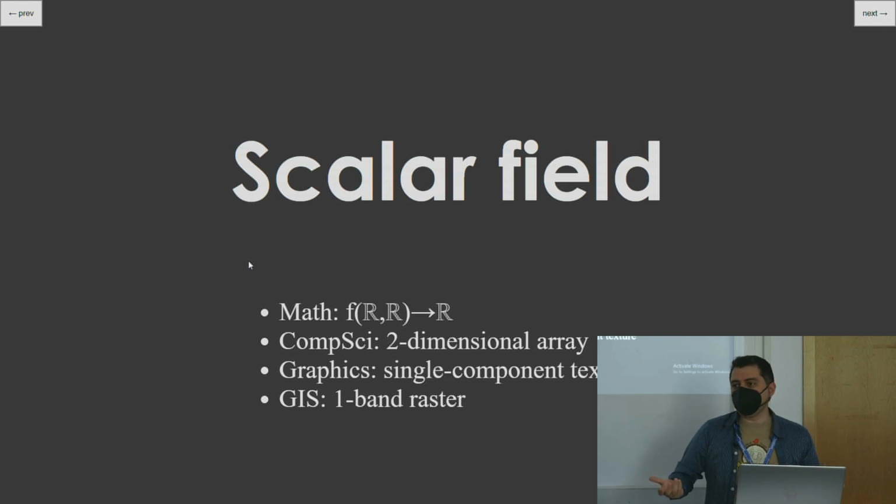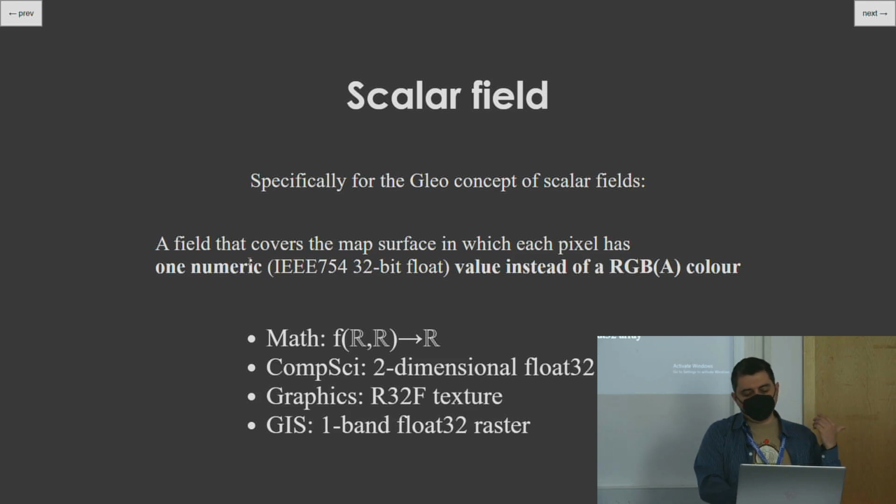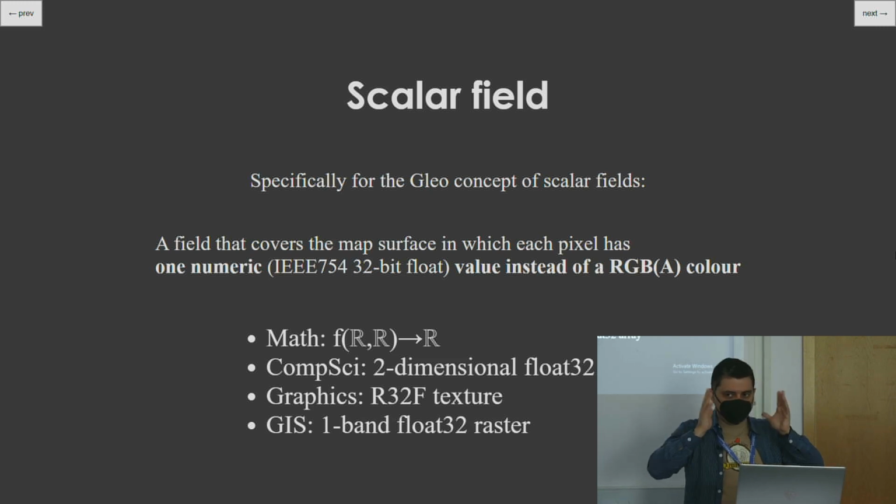And if we're storing it in the RAM, we're going to do a two-dimensional array, right? Since we are doing things with WebGL, we are limited to 32-bit floating point numbers. So when I talk about scalar fields, you might want to think of a one-band raster with 32-bit floating point values inside that covers the screen or the map area.